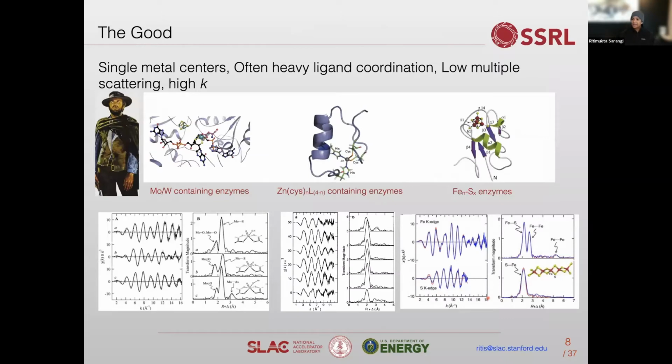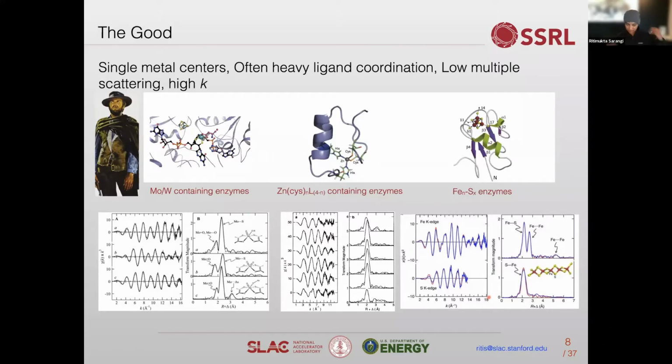Now, the way I like to look at biological systems is I have my own categorization system. There are the good systems, which have typically single metal centers. Often they have heavy ligand coordination, have low multiple scattering, and you can get high k data.